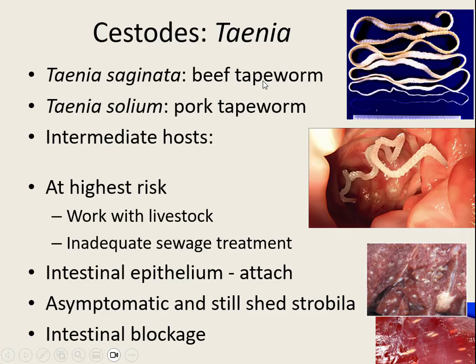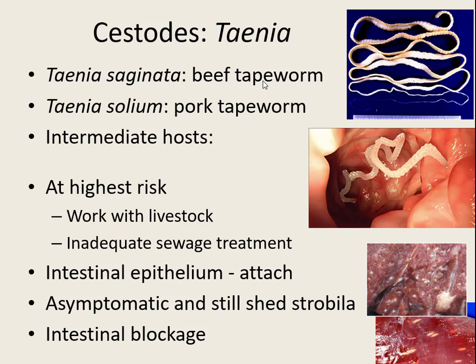Some of the more common tapeworms that do affect humans, not the only ones, are Taenia saginata and Taenia solium, commonly known as the beef tapeworm and the pork tapeworm, because their intermediate hosts are cattle and pigs. So eating undercooked beef and undercooked pork puts you at a higher risk of picking up these tapeworms. Those at the highest risk are the ones living with, working with, or living close to livestock, and with inadequate sewage treatment.